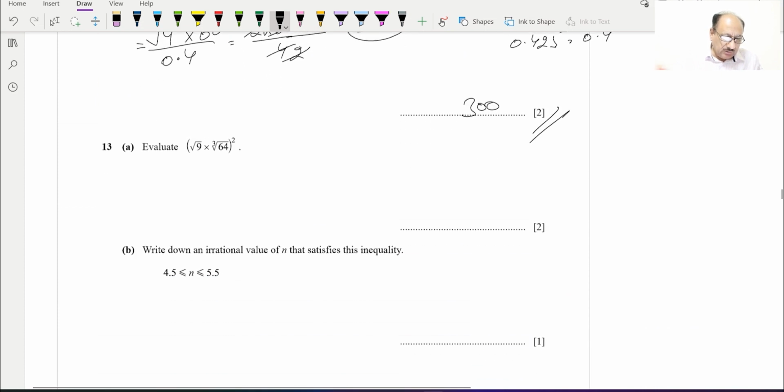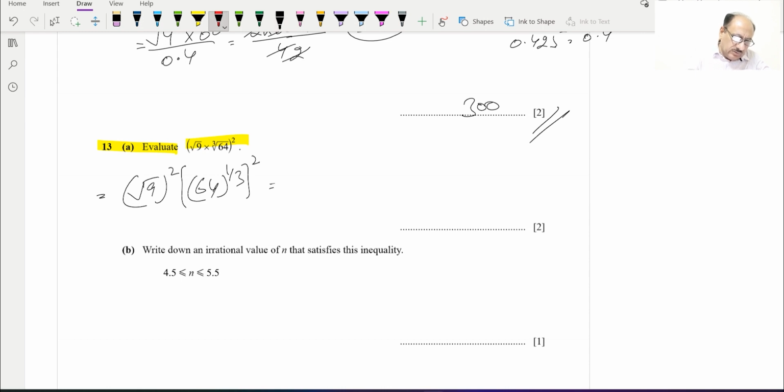Now question number 13, and question number 13 says A part, evaluate. We need to evaluate this, so we can take the square root of 9 and square everything. So this will be equal to 64 raised to the power 1 by 3, and this will be squared as well. And for the 9, we can cancel this square and square root, and the remaining will be 9.